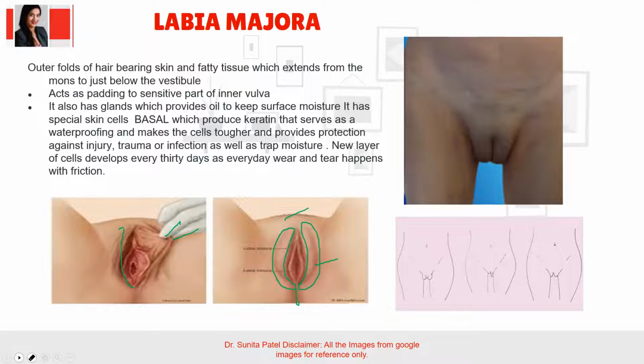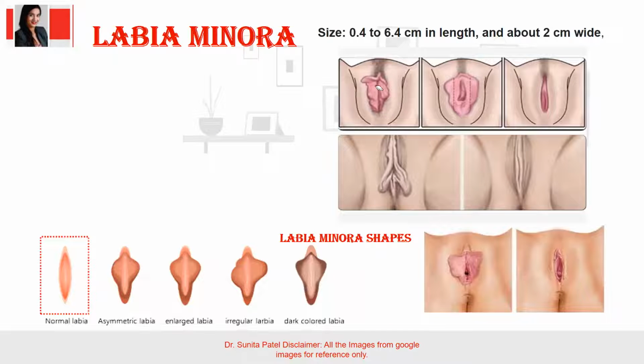That labia minora can also be of many different sizes and shapes. Altogether, 60 to 80 different types of labia minora can be seen in different females. So different walls can be there.